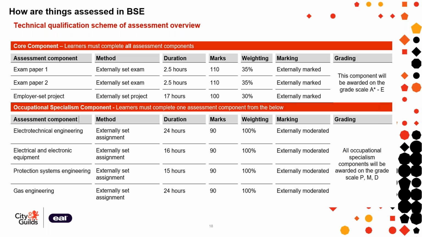The employer set project follows the same guidelines of 17 hours and 30% weighting, and they're all graded A star to E. With regards to the occupational specialisms, these are the standalones. There's quite a difference in hours depending on the specialism, but the marks and weighting are the same at 90 and 100%. These will be externally moderated just like construction, and graded pass, merit and distinction.